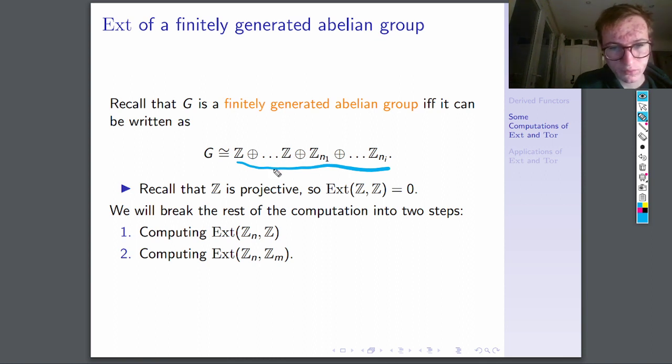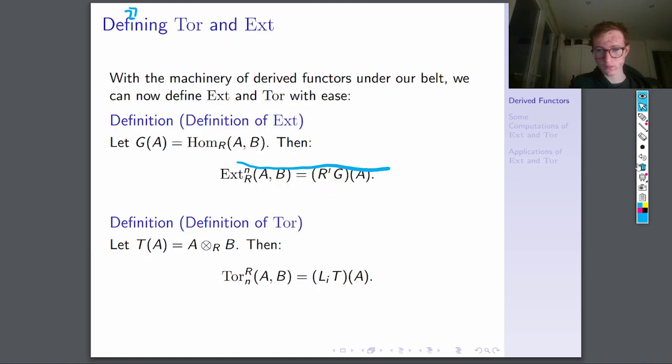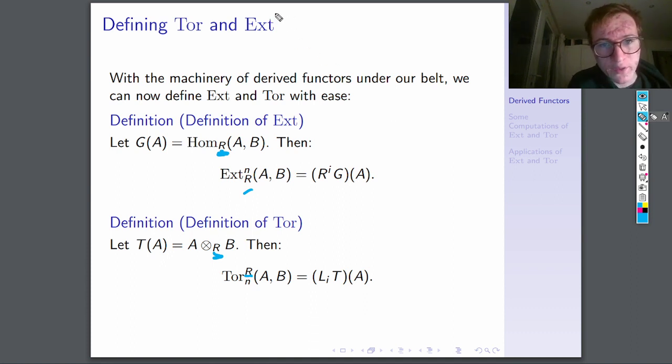And by Ext, I mean Ext over Z. I should have included the ring here, it is important, of course. The ring here corresponds to this one, and this ring here corresponds to that ring there. Again, I might omit the ring when I'm writing them out, but that's only when the ring should be somewhat clear.